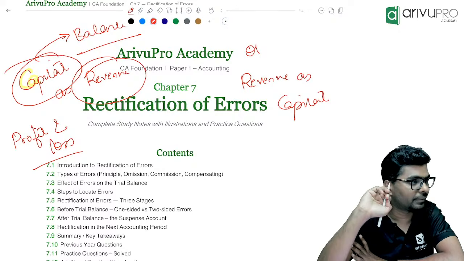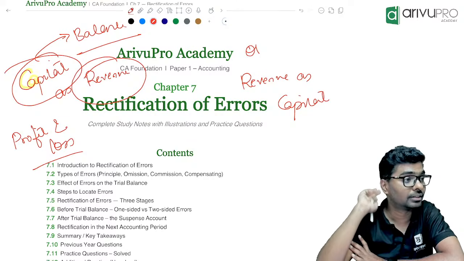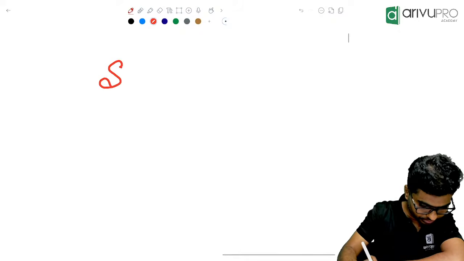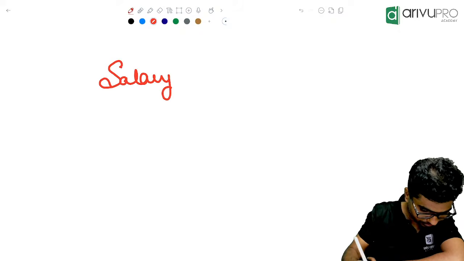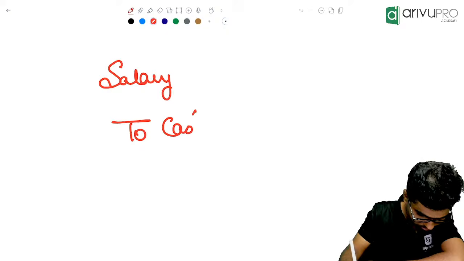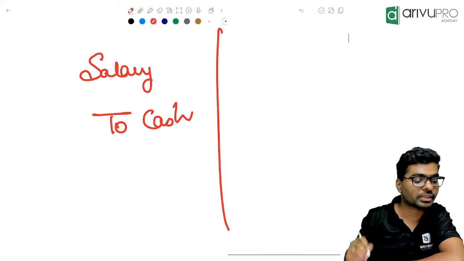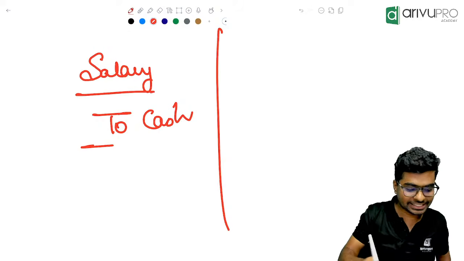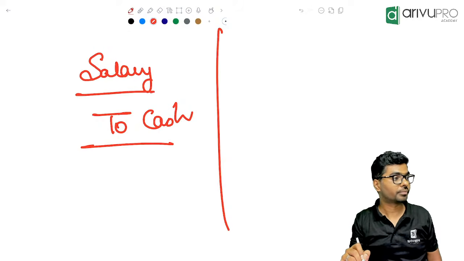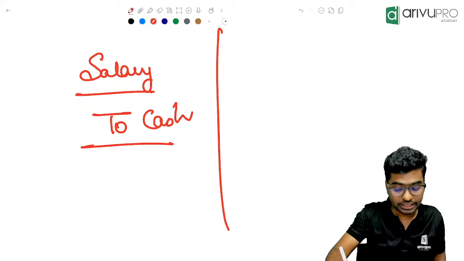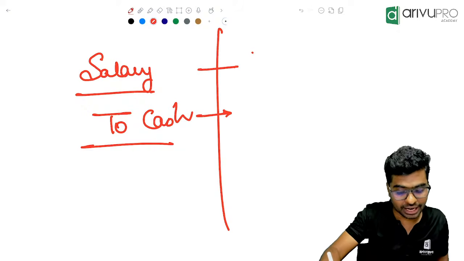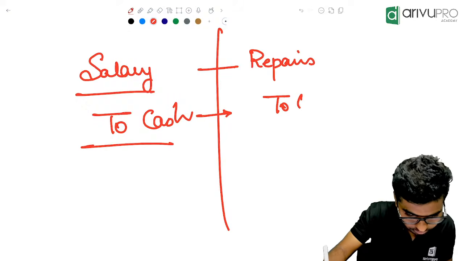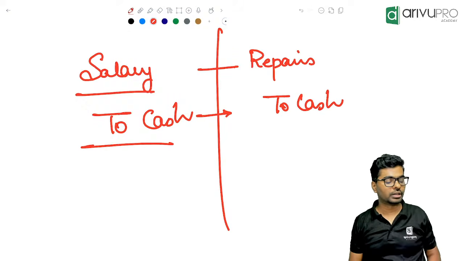Now let me give an example. Paid salary. What is the journal entry? Salary to cash. When I say salary to cash, instead of writing salary to cash, I wrote it as repair to cash.